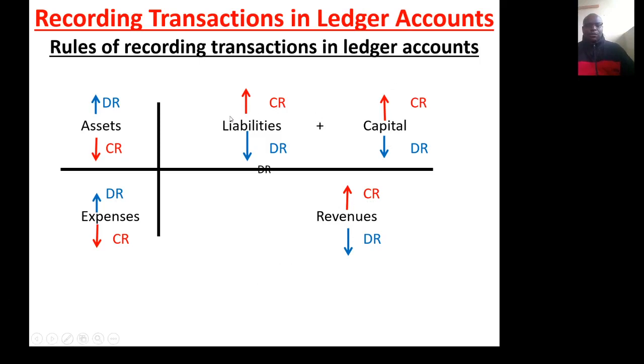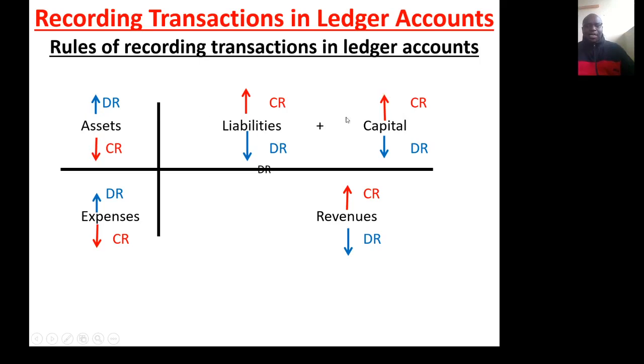So, for liability accounts, when a liability account increases, you record that transaction on the credit side of that liability account, and when it decreases, you record that transaction on the DR side, unlike assets and expenses where you record the opposite side.